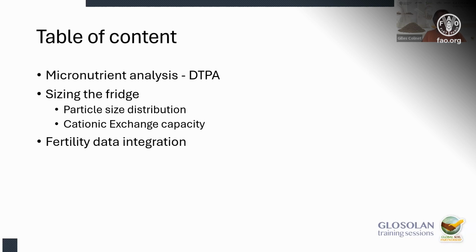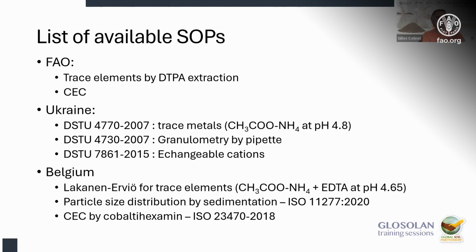And after we'll discuss the particle size distribution and the cationic exchange capacity. And then I will share some slides about the integration of the various data linked to soil fertility. But it's work still in progress, and that should be continued sometime.